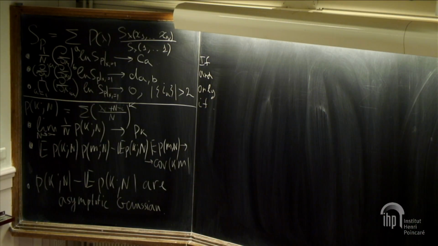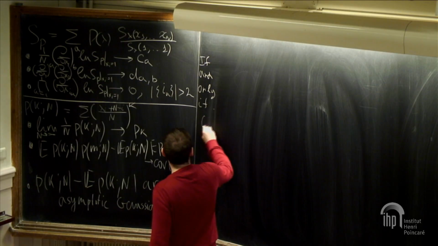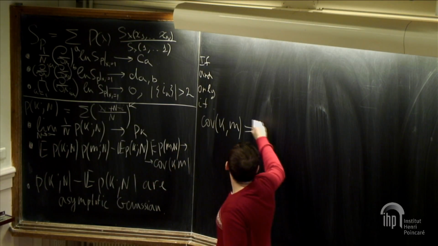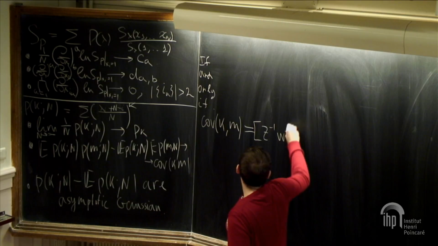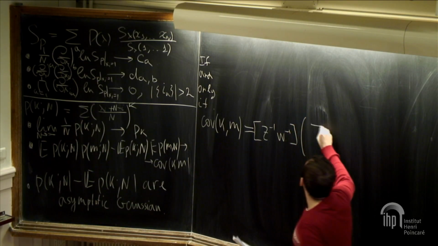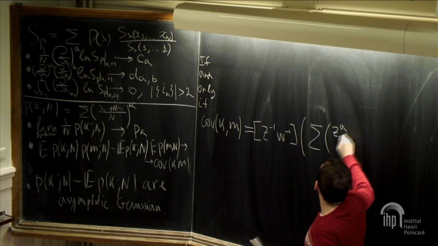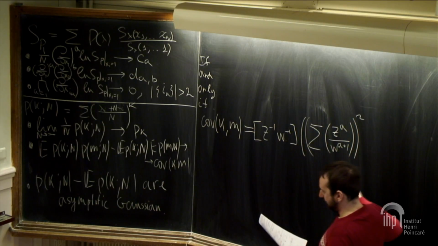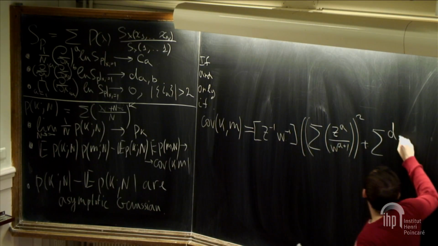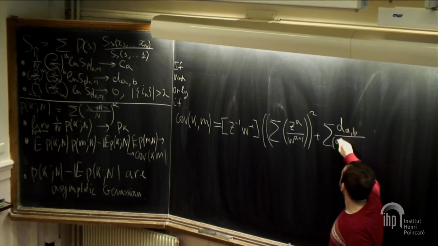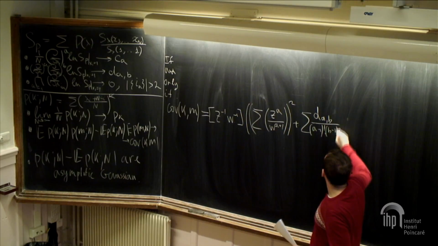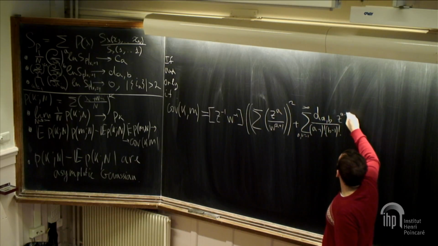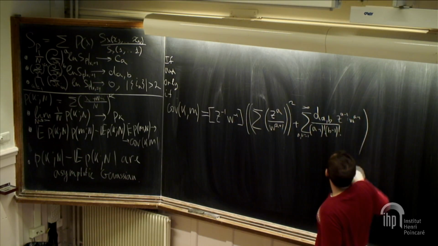So let me repeat the formula that I wrote last time, that this covariance of k and m can be computed as the coefficient of z inverse w inverse of the sum of z to the a divided by (w plus a plus 1) squared, plus the sum of dab over (a minus 1) factorial, (b minus 1) factorial, z to the a minus 1, w to the b minus 1.